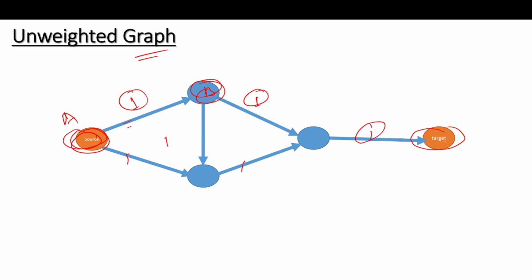From here to here it will be 3. If somebody goes the other way, it becomes 1, 2, 3, 4, but the minimum distance is 3. So you have to provide the minimum weight, and the cost is 1 by default, and then we can find the distance.